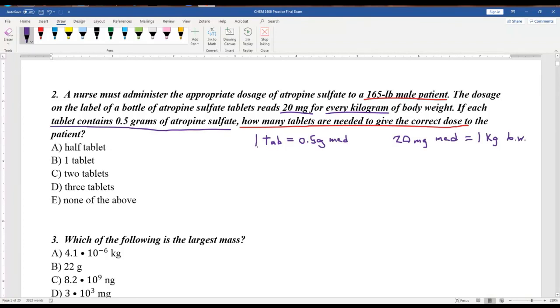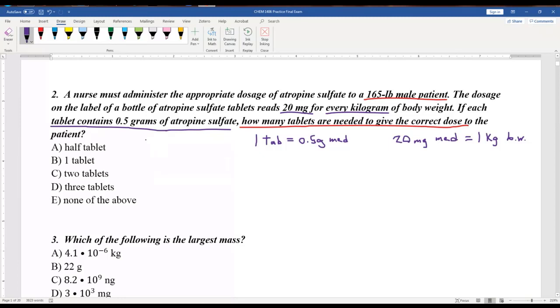So I have 2 conversion factors given here. The 165 pounds is clearly not a conversion factor, which is another sign that that's probably what I'm going to need to start with. Now there are a couple of secondary conversion factors that would either likely be given to you or that you'd be expected to memorize.